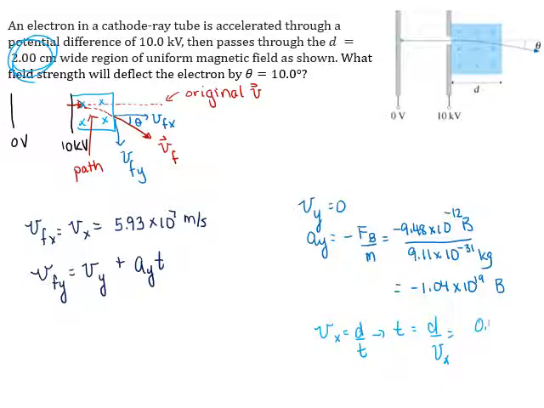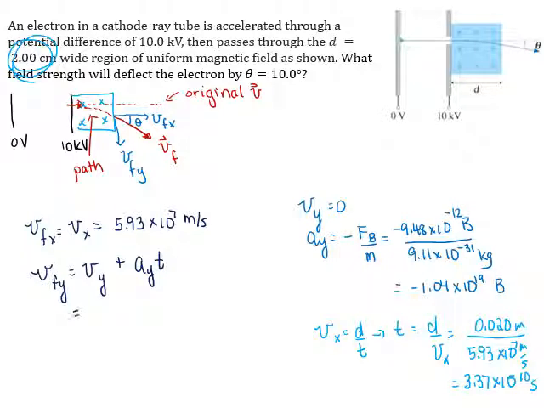So 0.020 meters divided by 5.93 times 10 to the 7 meters per second. That tells us that that electron was in that magnetic field for 3.37 times 10 to the minus 10 seconds. So it didn't take very long to travel 2 centimeters, but that makes sense because it's going pretty fast. Now we've got something to pop in for our time as well.